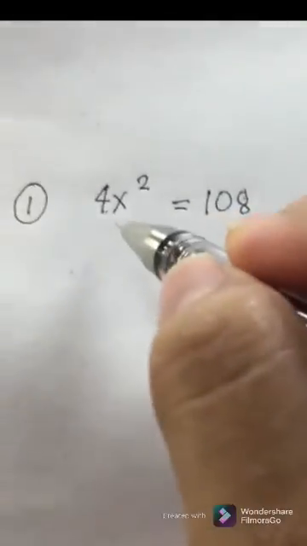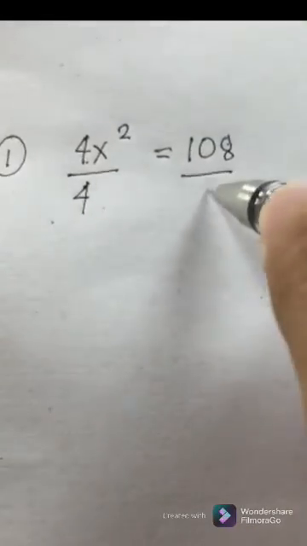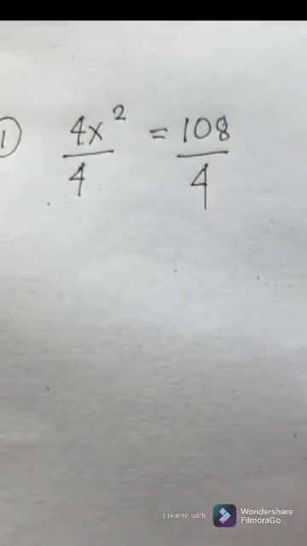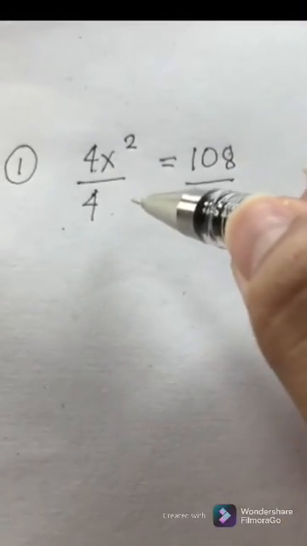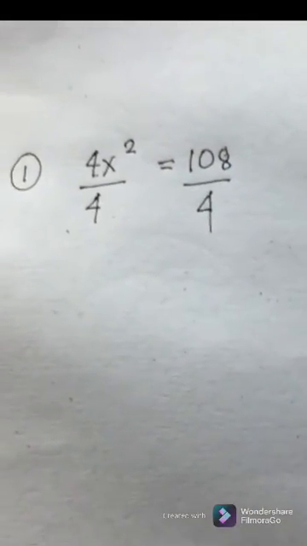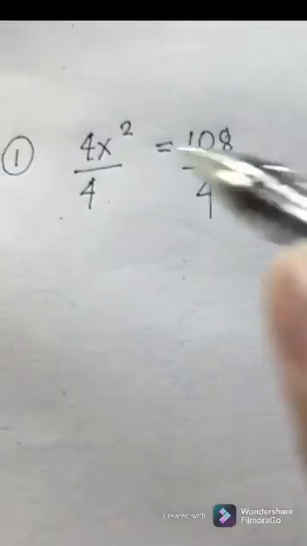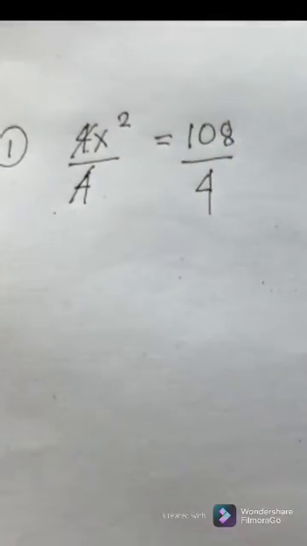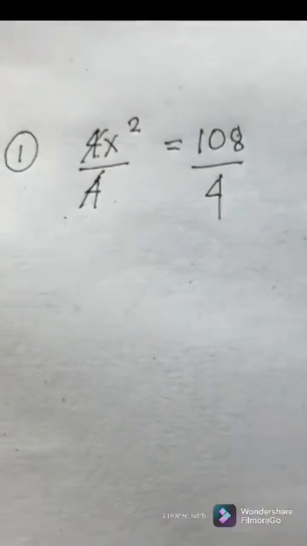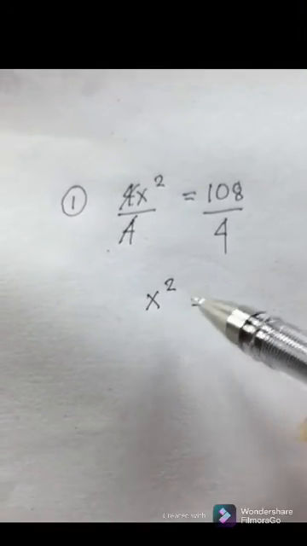So what we're going to do is that we're going to divide 4 both sides, so that we can cancel 4 here, or we can simplify 4 in this side. So that means 4x squared divided by 4, this will be cancelled because that is equals 1. So that means the remain here is x squared.